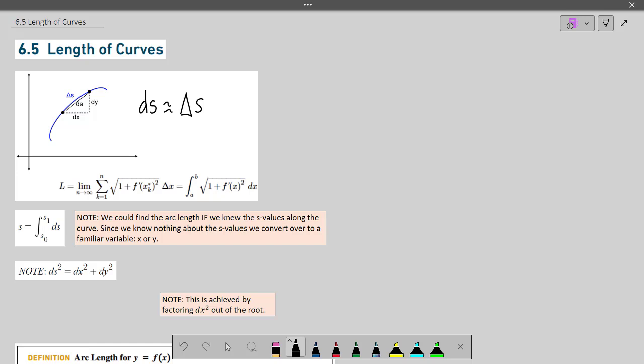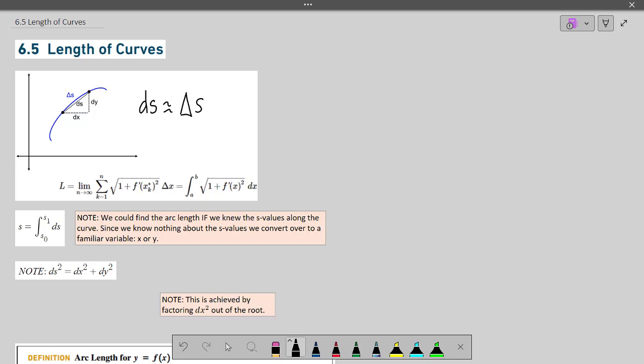ds approximates it. Now, one thing that might not have been crystal clear in Calc 1 is that this approximation piece is always with your dependent variable. In Calc 1, you said that dy was approximately delta y, and that dx was exactly equal to delta x. So your independent differential and your independent increment are always the same.